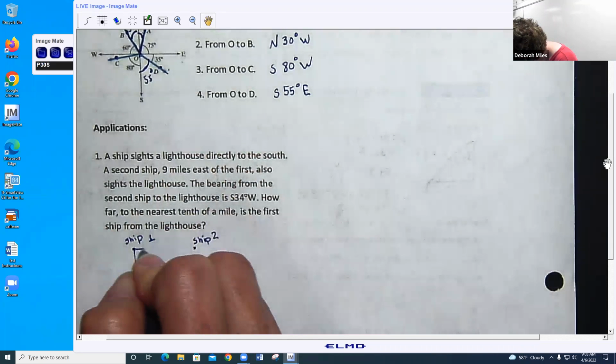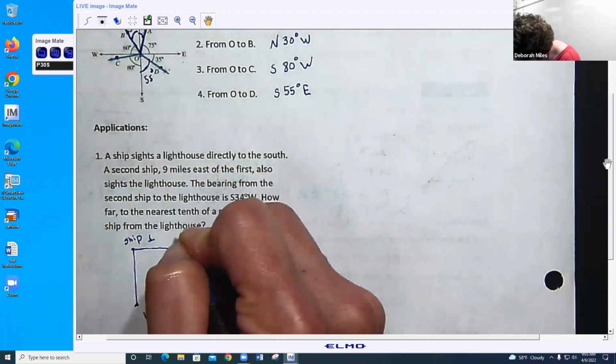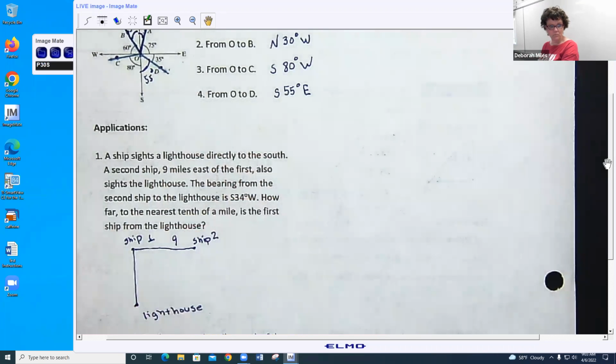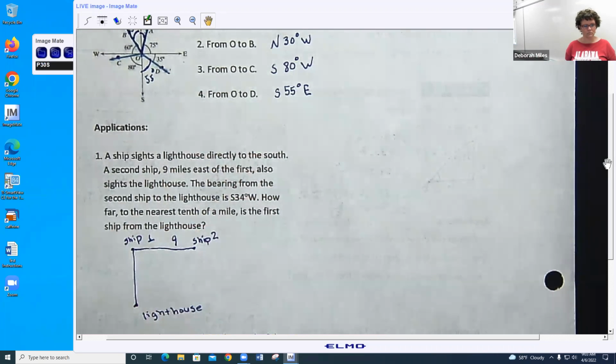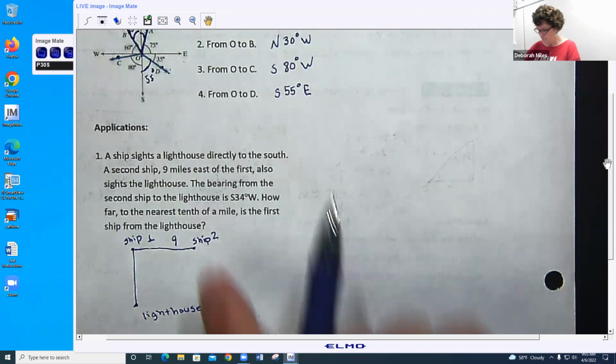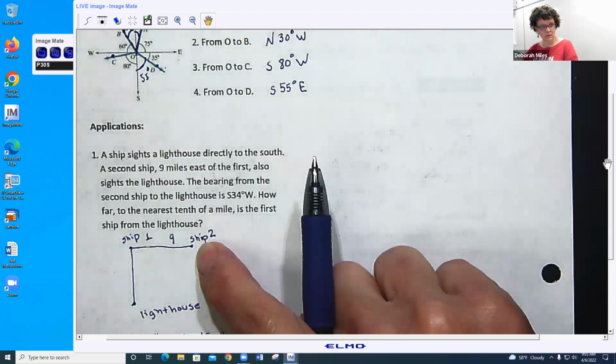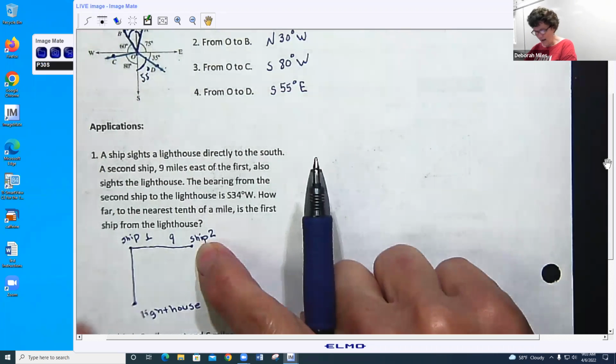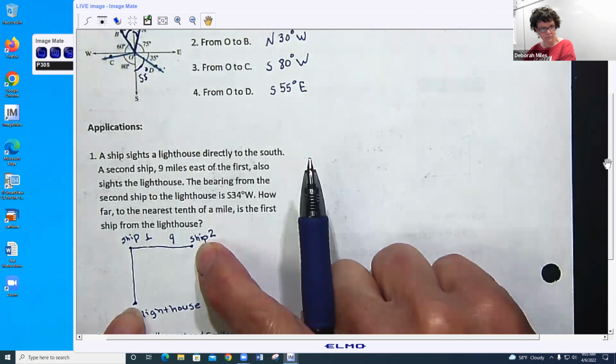And I know that distance is 9. What's important is where you start the bearing. It says the bearing from the second ship, so we've got to start here to the lighthouse, which is here.